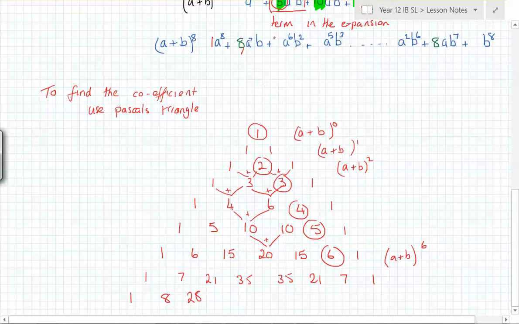So this will be a 28. 21 is 56. 56 here. So what goes in front of this one? So obviously that's 8. This will be 28. And before the b is still the 1. Okay, so we found them.